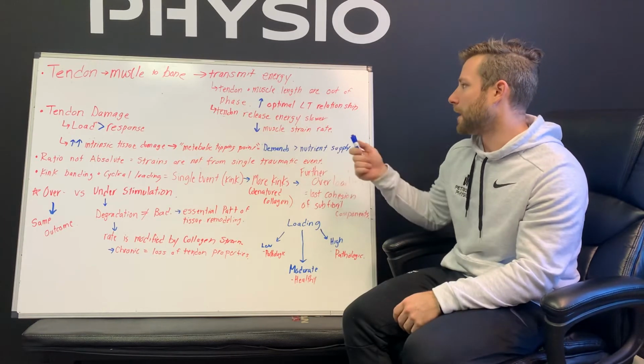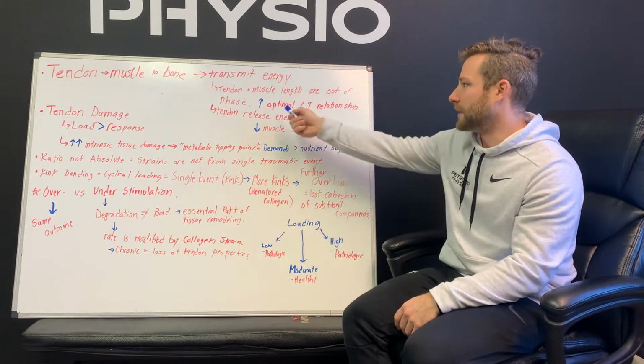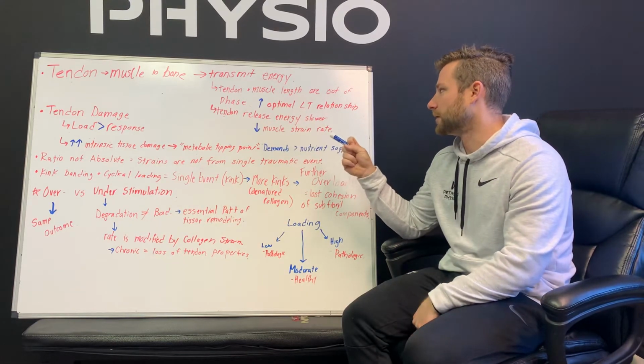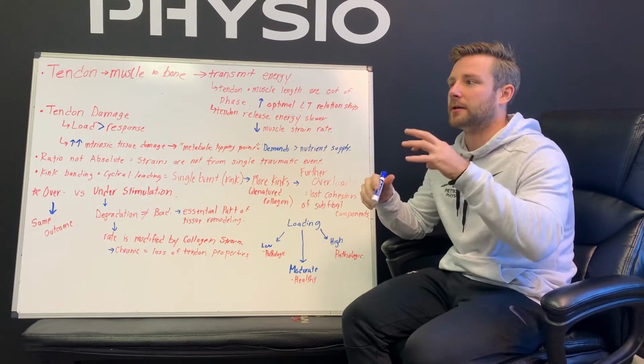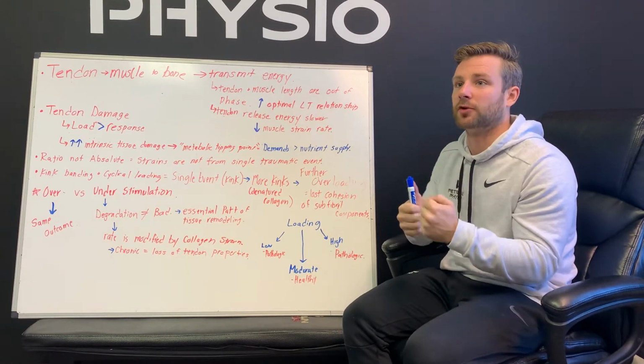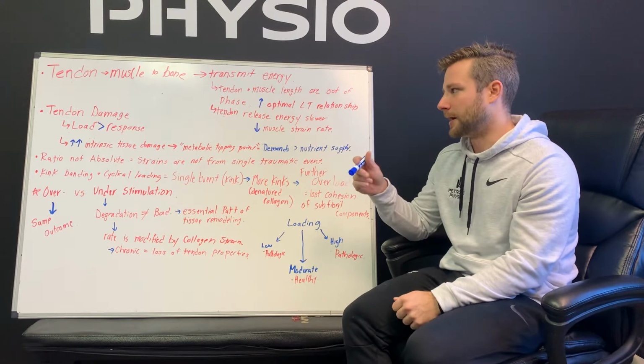As they release energy, they release it slower. That gives the actual muscle belly less chance of strain, because the tendon is taking on much more force, obviously.